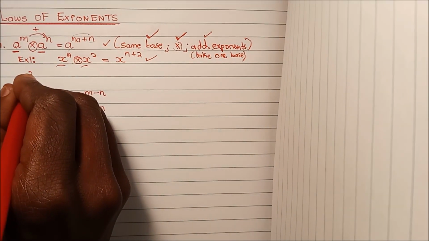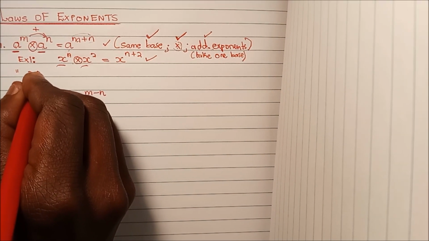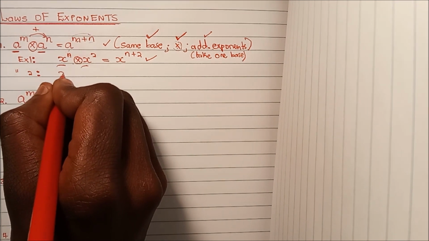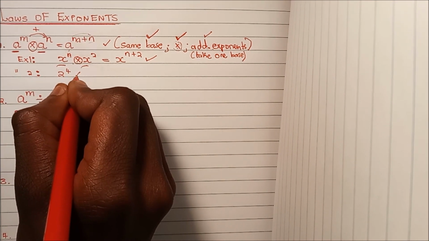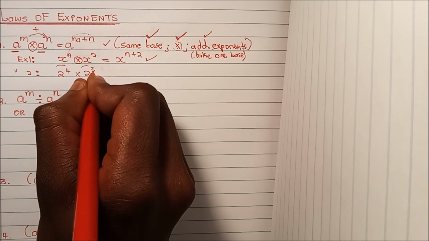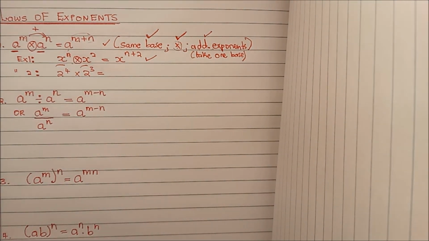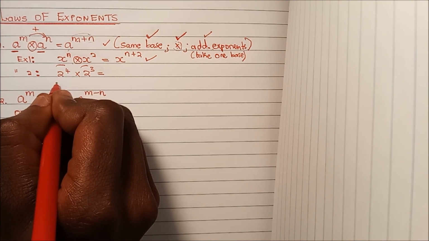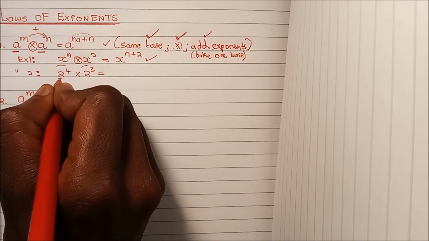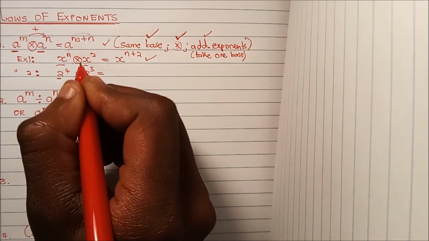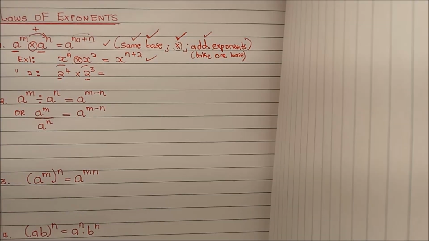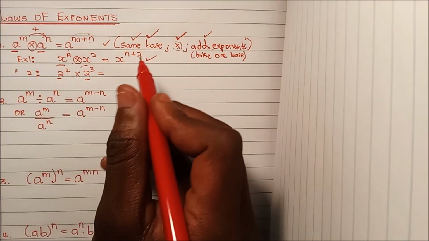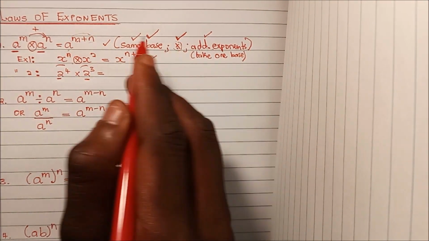Let's look at the second example. Suppose you have 2 to the power of 4 multiplied by 2 to the power of 3. Remember the first thing that we check. Let's look at the base. Base 2, base 2. So we have the first mark, and then we check, is the middle sign multiply?